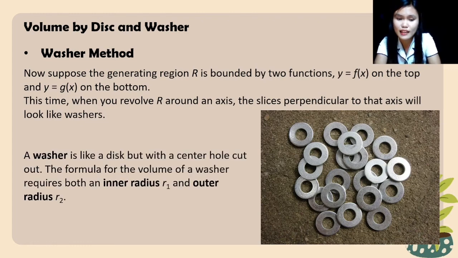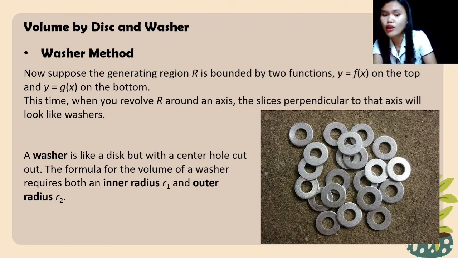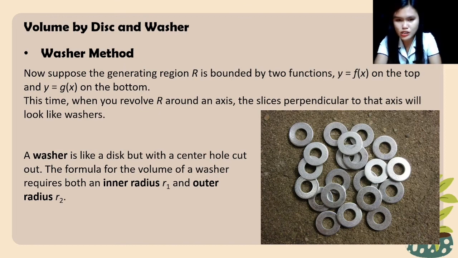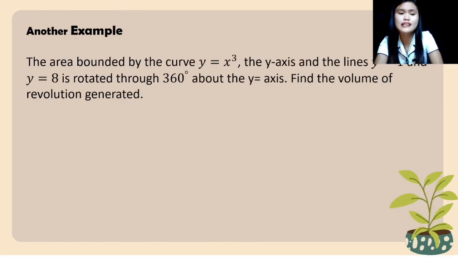A washer is like a disk but with a center hole cut out. The formula for the volume of a washer requires both an inner radius, r sub 1, and an outer radius, r sub 2. For example, the area bounded by the curve y equal to x cubed, the y-axis and the lines y equal to 1 and y equal to 8 is rotated through 360 degrees about the y-axis.